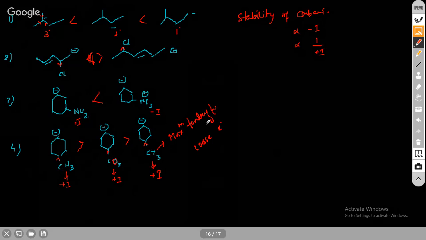This is CD3. The plus I nature of CT3 is more than that of CD3 and that of CH3. So more will be the plus I, more will be the electron density here, and less will be the stability. Stability is inversely proportional to the plus I effect. That's why the third one is the least stable, because there is negative charge on the carbon, and plus I nature will decrease the stability.